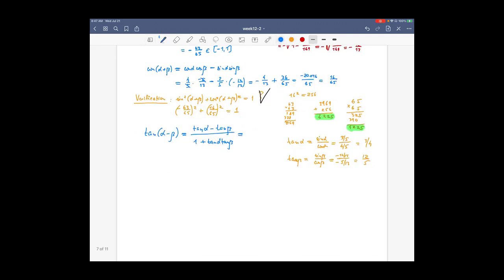So in the formula we get 3/4 minus 12 over 5 over 1 plus 3/4 times 12 over 5. If we multiply the top and the bottom by 4 times 5, by 20, we get 3 times 5 minus 12 times 4 over 20 plus 3 times 12 is 36.